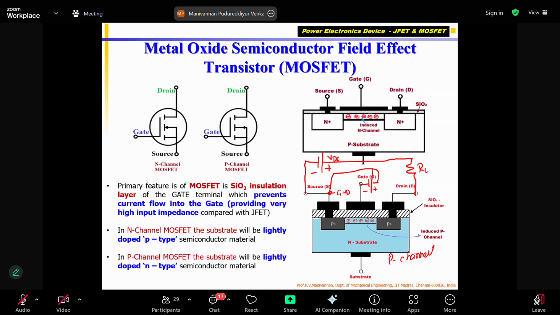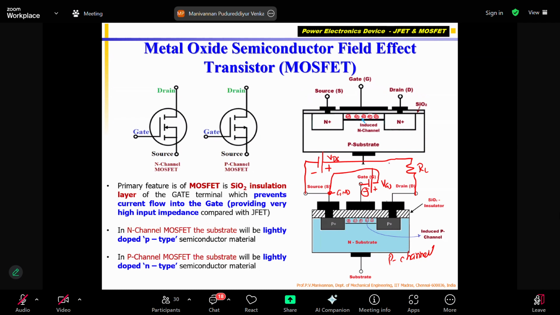Why is it called a P channel MOSFET? The holes, the minority carriers of the N substrate, will be attracted by the negative voltage we are applying. This is called VGS. In the case of a P channel MOSFET, the gate should be supplied with negative voltage. Correct? 0, -1, -2, -3 like that.